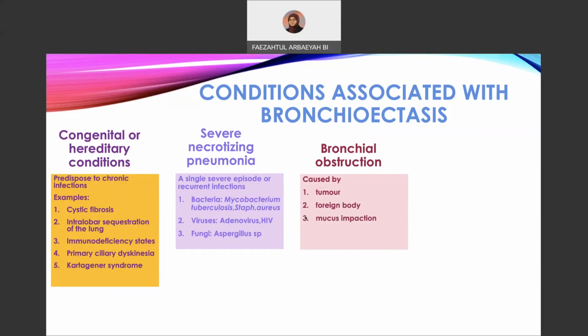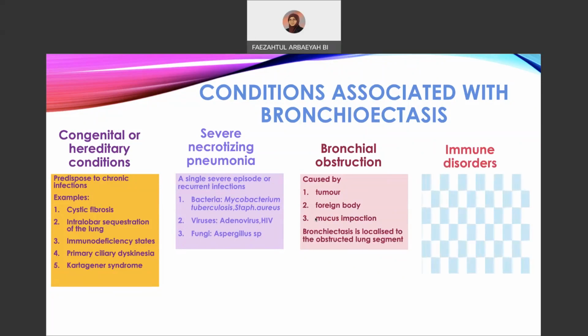If it's not removed, it can eventually cause bronchiectasis. Mucus infection can occur due to the cilia not working properly in the airways. In this case, the bronchiectasis is localized to the obstructed lung segment.